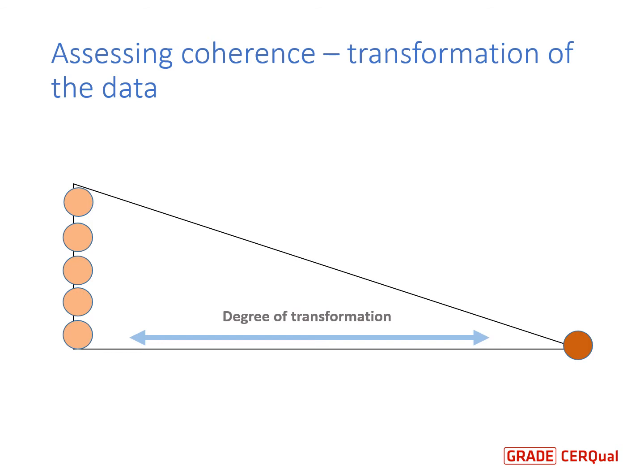Thus, the circles on the left-hand side represent individual study findings that the review author has chosen to sum up. At the other end of the spectrum are interpretive or explanatory findings, represented here by the single circle. These transformed findings provide theoretical interpretations or explanations of the patterns in the data.